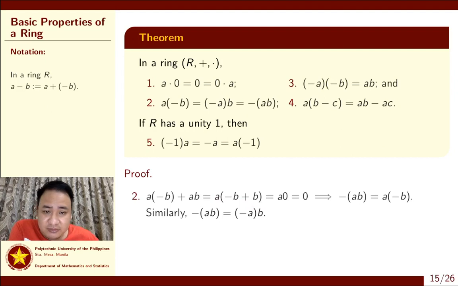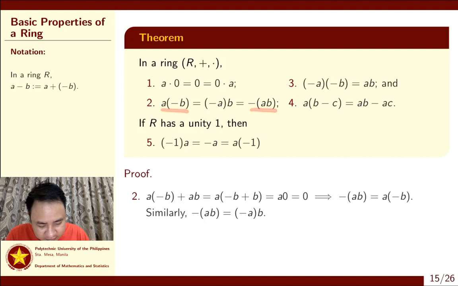Now, what is minus B plus B? That is 0. Now, A times 0, according to the previous property, is 0. So, pag inadd mo itong dalawa, ang lalabas ay 0. Sabihin, ito yung negative ng AB. You get that? Na yung other equality, I will let you do that as an exercise.